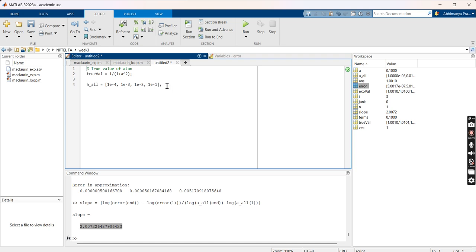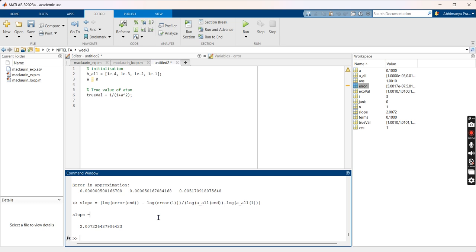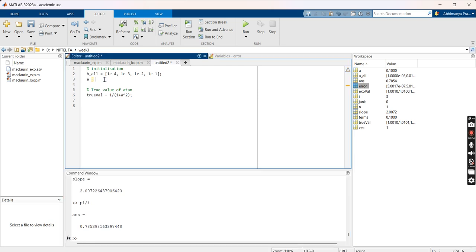Let me also initialize. Let us try it for pi by 4 over here.